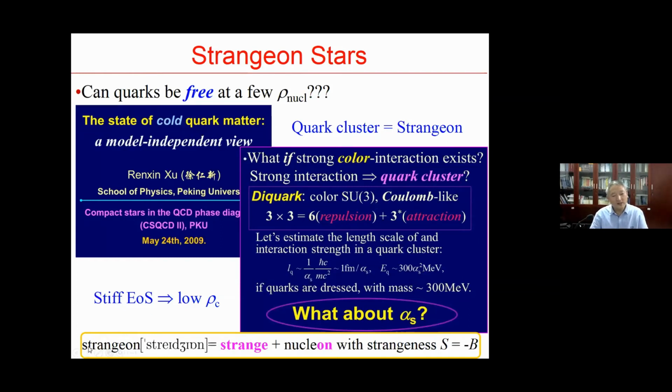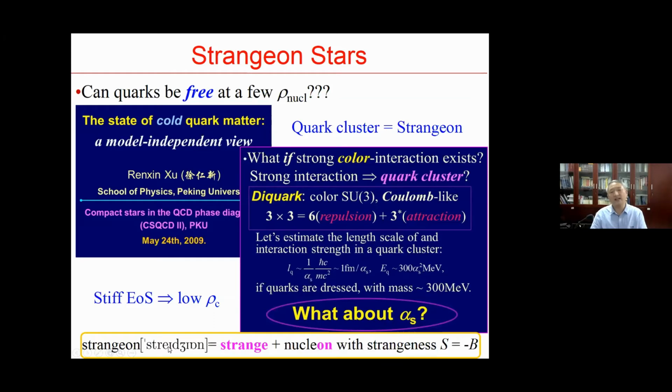What is Strangeon? Strangeon is something like a nucleon, but with strangeness. You know, our nucleon is two-flavored. If we have also a nucleon-like particle, but with three flavors, it cannot be simply a proton or neutron. We call this a strange nucleon, and we coined a new word, Strangeon.